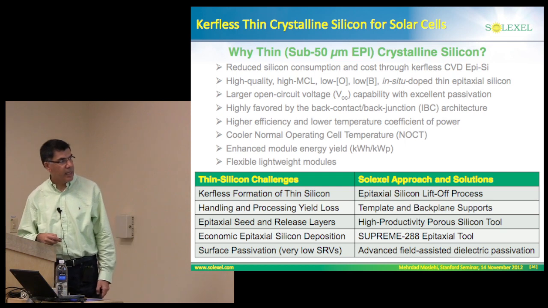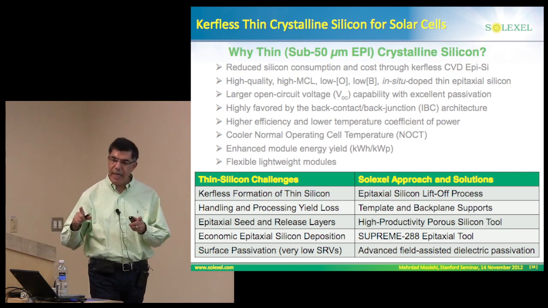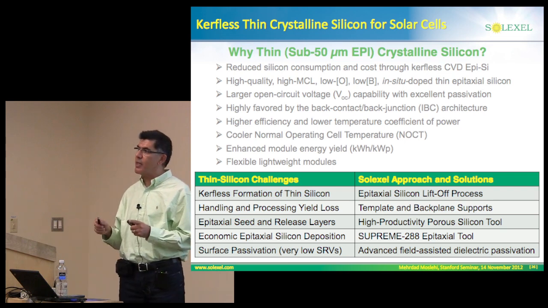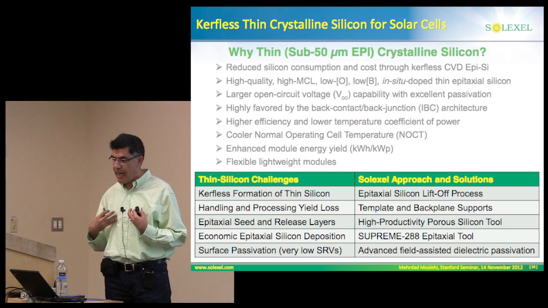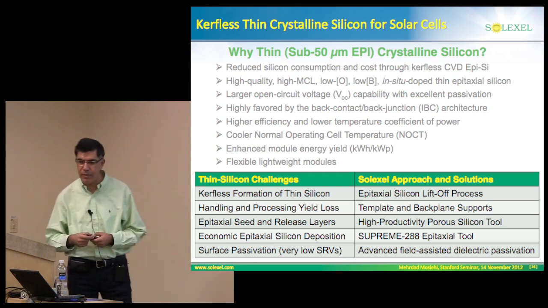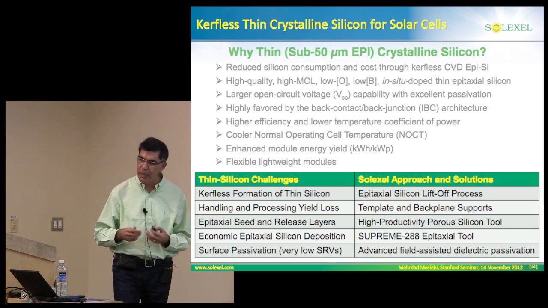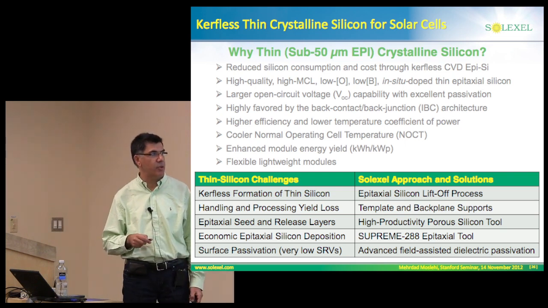Now, there have been significant challenges to adopt thin silicon for solar cells. What we have done at Solexel, since founding the company, is come up with very practical solutions based on our approach.